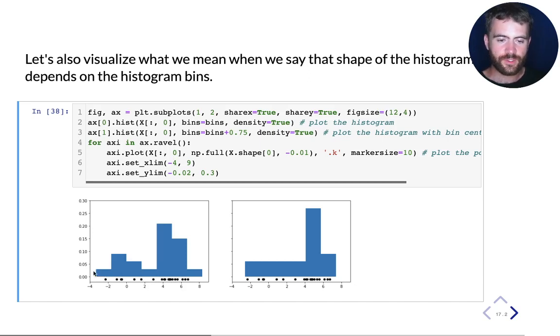And so you can see here this bin starts near -3 and a little bit more, and now this one starts at -2 point something. So the bins have been shifted. The locations, the intervals of the bins have changed, and now I have a completely different shape for the histogram.